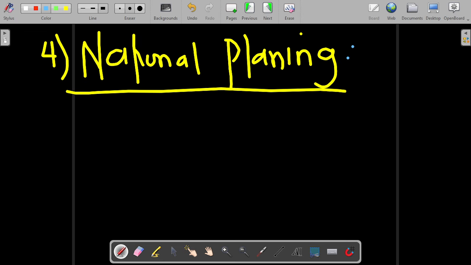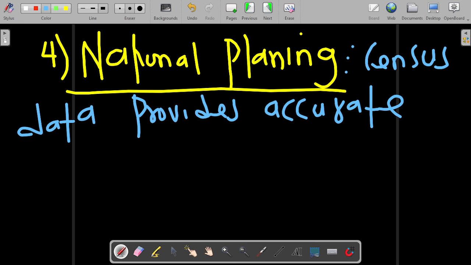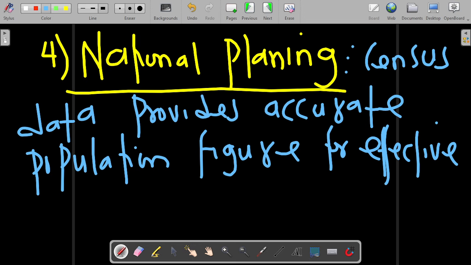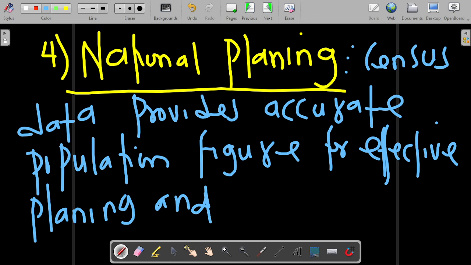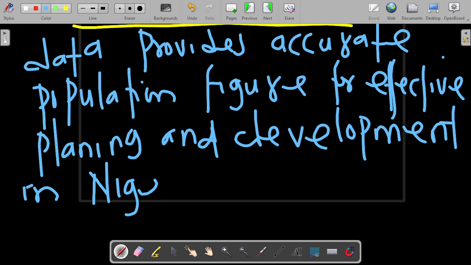So census data provides accurate population figures for effective planning and development in Nigeria. So those are the 4 reasons.